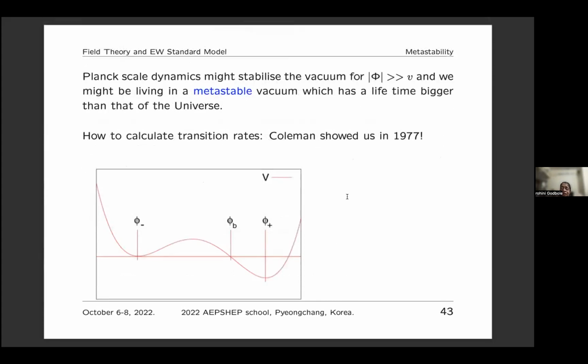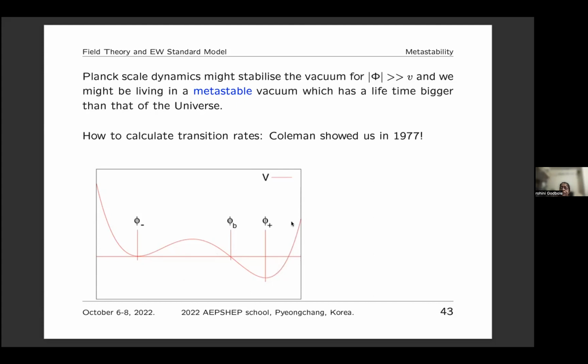Now, this refers to the question that I was asked at the end of the first lecture. We are assuming this potential, and if you just plot that potential, you find that it has the minimum at the Higgs vev. Now, if the Planck scale dynamics actually destabilize the vacuum for a vacuum expectation value much bigger than v, then this is the minimum where we are living, okay?